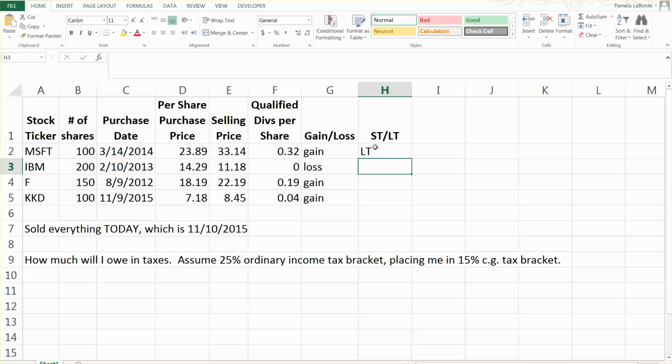IBM bought way back in 2013, sold them in November of 2015, long term. Ford, long term. And Krispy Kreme, I'm pretending I bought them yesterday and I sold them today, which would be a really quick turnover, but that would classify them as short term.